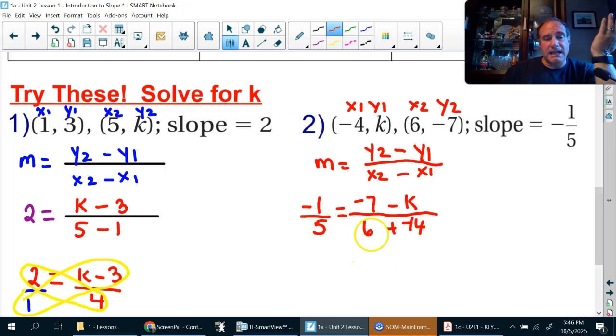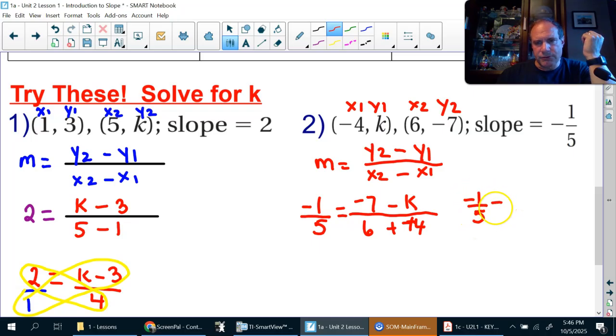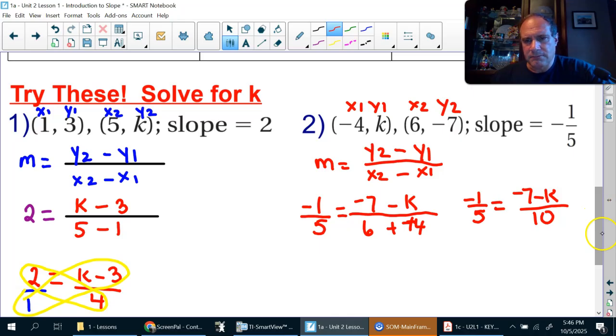So notice that you could rewrite this. This is plus 4, right? You could rewrite this as negative 1 over 5 equals negative 7 minus k over 10. Then you could do the crisscross method, right?